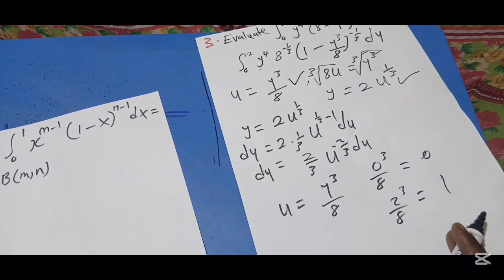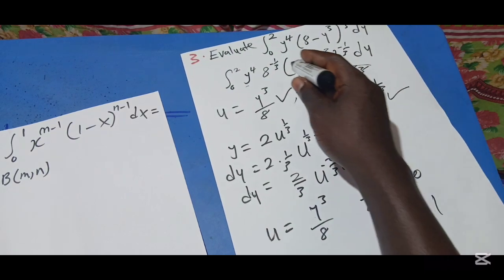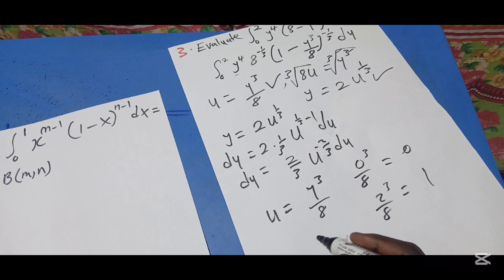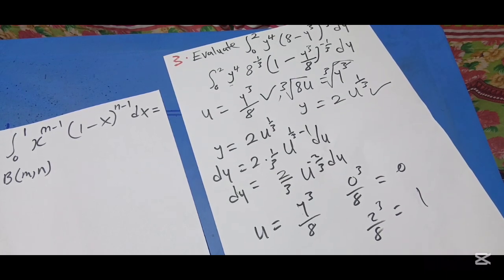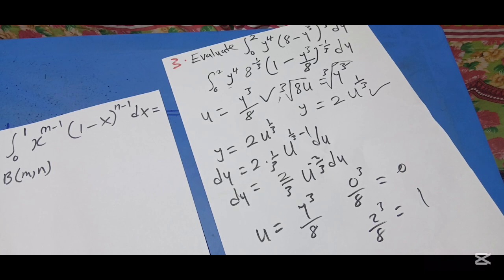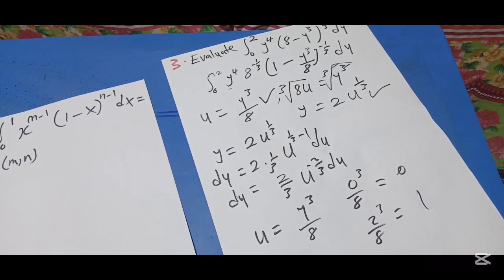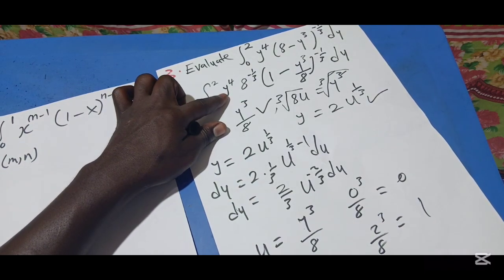So now we can go ahead and make our corresponding substitution. We have the integral, and now our limit is from 0 to 1, which is one of the things we are expecting, because to use beta functions, our limit is supposed to be from 0 to 1. So now we have the integral from 0 to 1, y to the power 4.